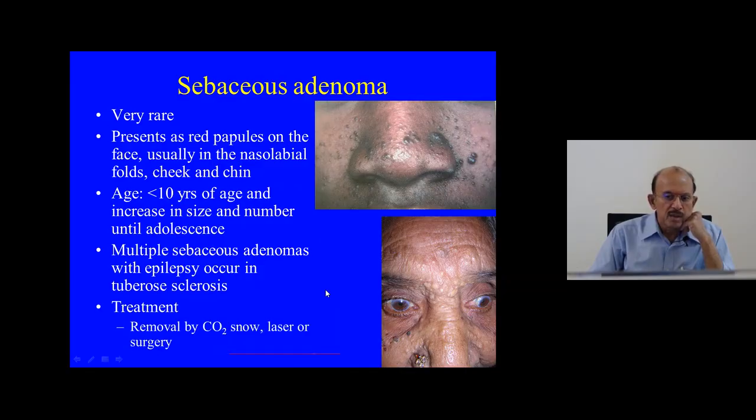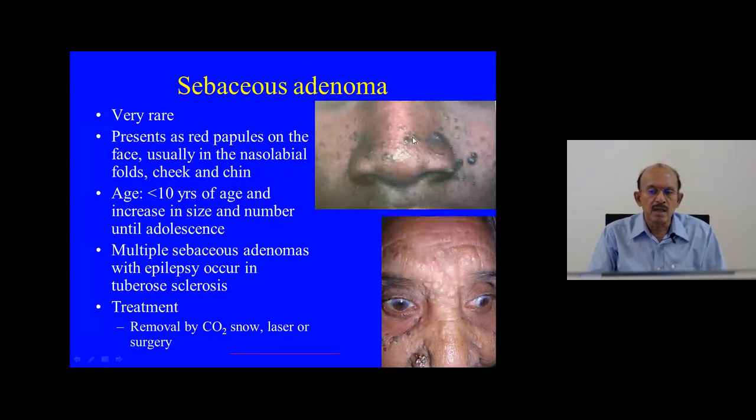Treatment: removal by carbon dioxide snow, laser, or surgery. Because they happen to be multiple, it is difficult to remove all these lesions by surgery. So it is preferable to use carbon dioxide snow. The carbon dioxide snow also cauterizes effectively. So all these raised papules under the carbon dioxide snow influence become black, necrose, and drop off.